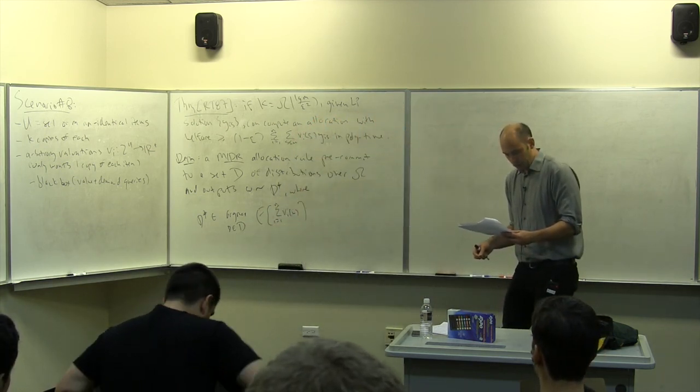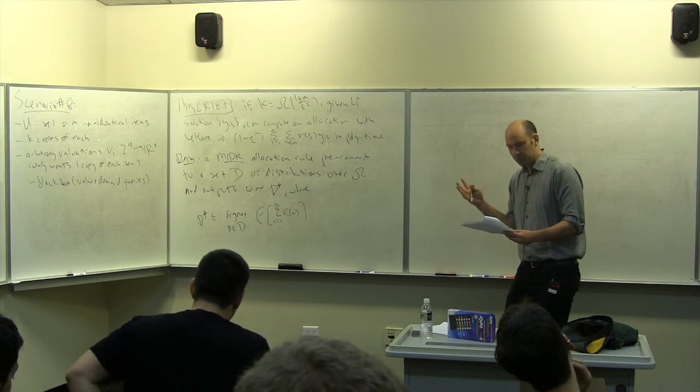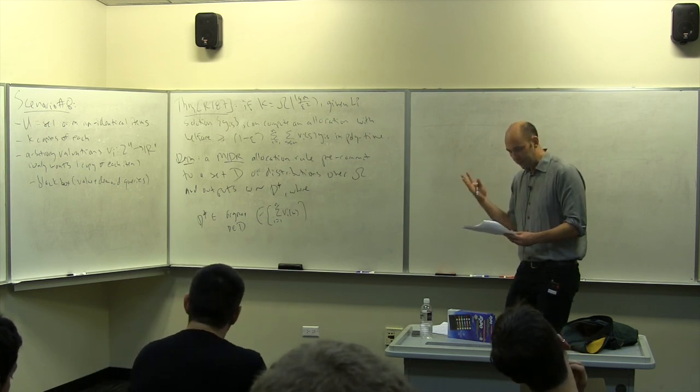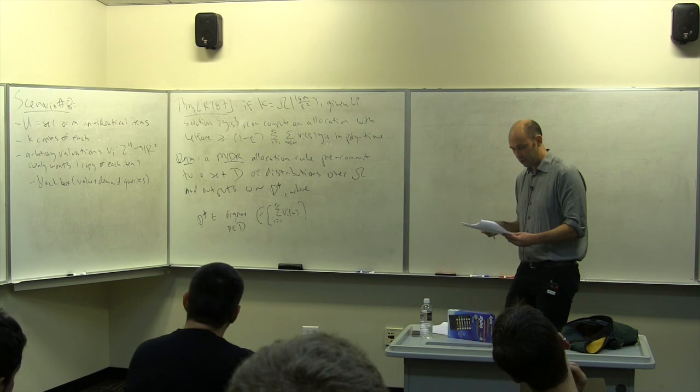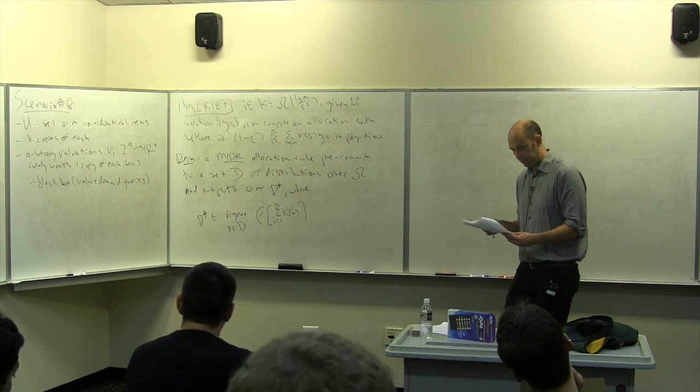Again, given that we've pre-committed to this distribution set script D, and given that we're going to sample an outcome from one of these distributions, we should pick the best one.